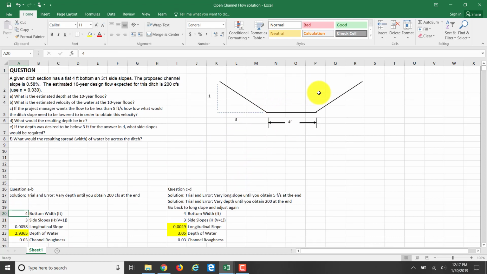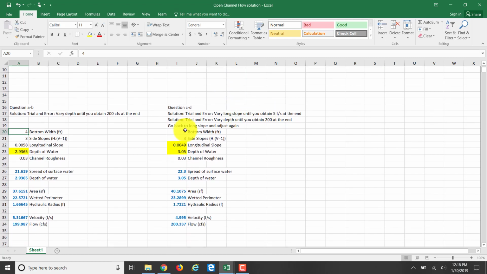That's the spread attributed to the bottom. But for each foot of depth of the water, I'm going to have 3 more feet. So if I go up a foot, I go over 3, so I'm going to have to multiply that by 3.